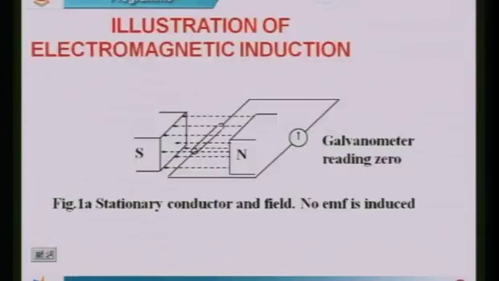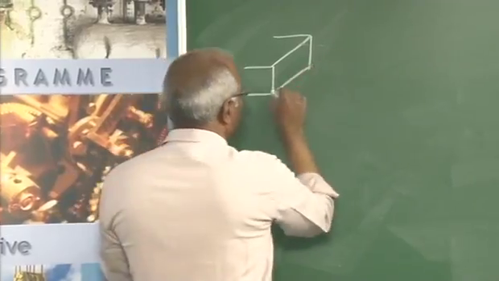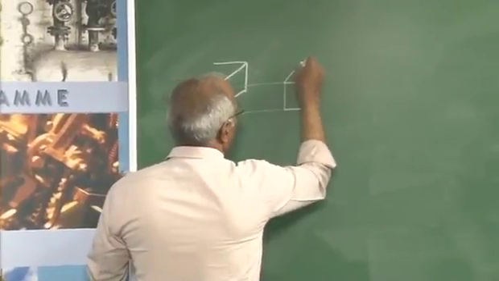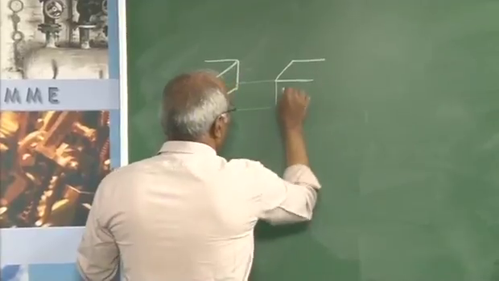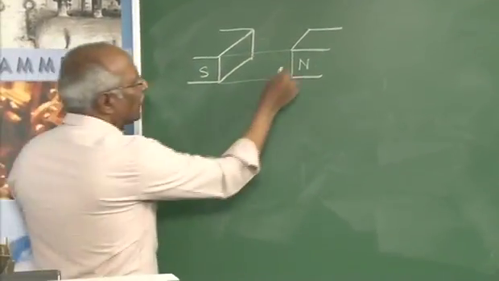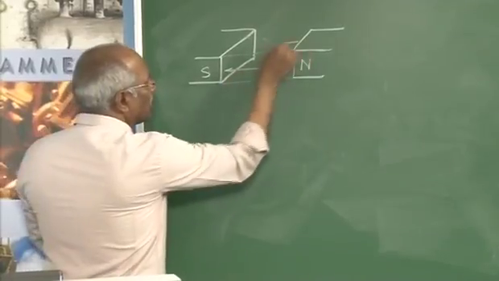consider what will be the change in flux linkage when the conductor is moving in the magnetic field. The flux always comes out of the north pole and enters into the south pole.